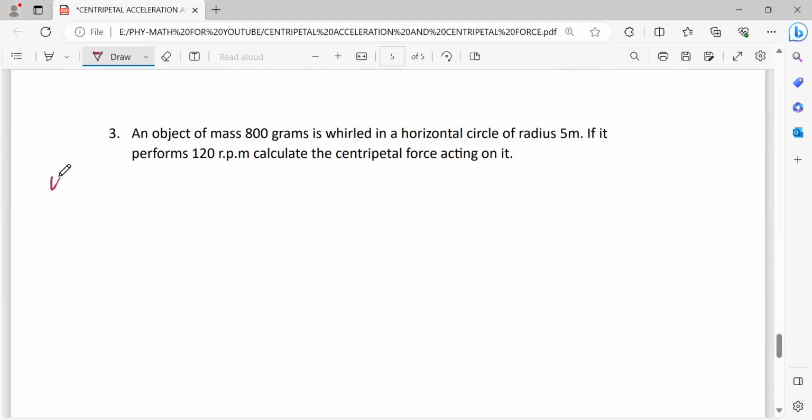Identify first: m equals 800 grams, converted into kilograms, 0.8 kg. Then r equals 5 meters.